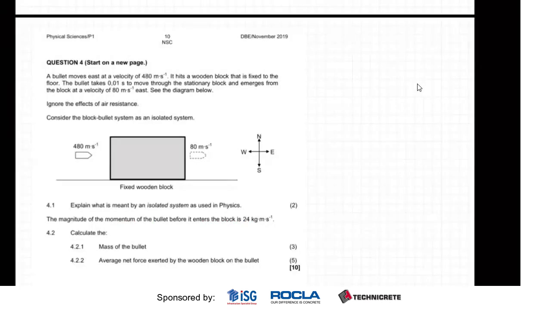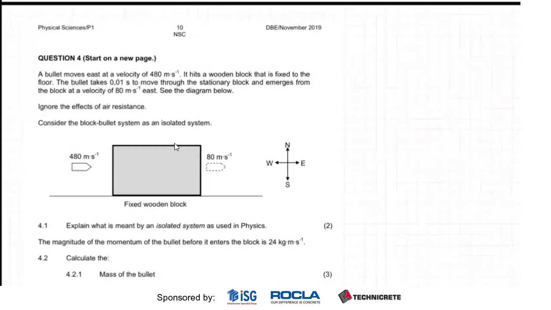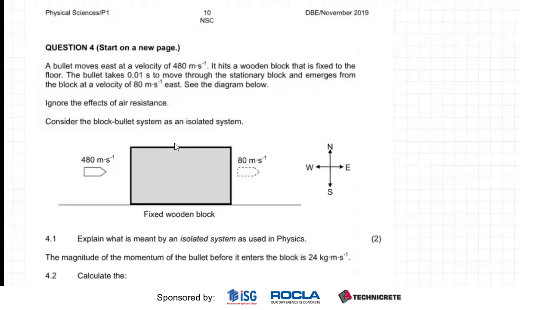Hello everyone, this again is the TPE November 2019 paper, Physics Paper 1, and we are now on question 4, which is a momentum question, and the question goes as follows. A bullet moves east at a velocity of 480 meters per second.